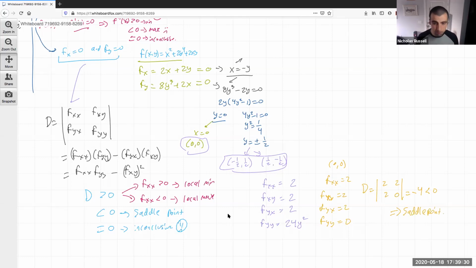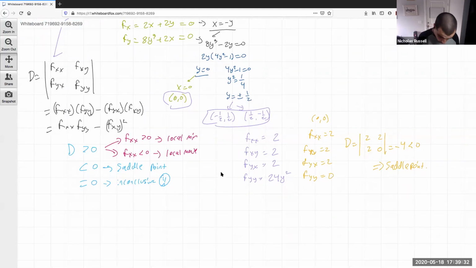Similarly, I'll do one more, just to show you. 1/2 and -1/2. If I do that one, I again get all the same fxx and fxy and fyx, but fyy will then be 24 times -1/2 squared, which is equal to 6, 24 over 4.